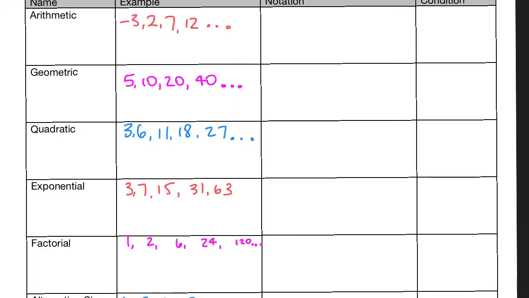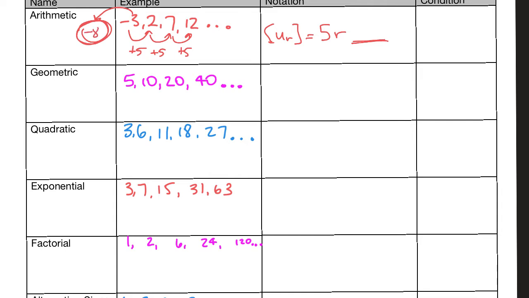Okay, so if you're looking at the top one, which says arithmetic, the way you can tell, and you've done these ones already, so I'm hoping this is fairly easy, is that there's a common difference. You are adding 5, and here you're adding 5, and you are adding 5. So the notation here is, I need to know what you're adding, so that's going to be the 5, and then the number that goes after is the missing term that doesn't exist over here, but if it did, what would it be?